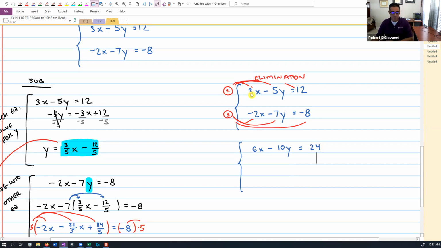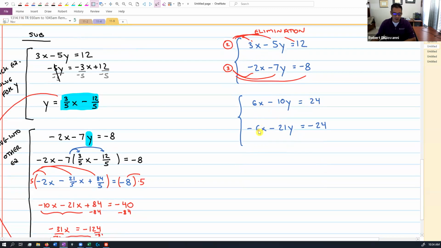So all I did was double all of these. And then I'm going to multiply all these by 3. So this is going to be negative 6X minus 21Y equals negative 24. Multiply that by 3, that by 3, that by 3.